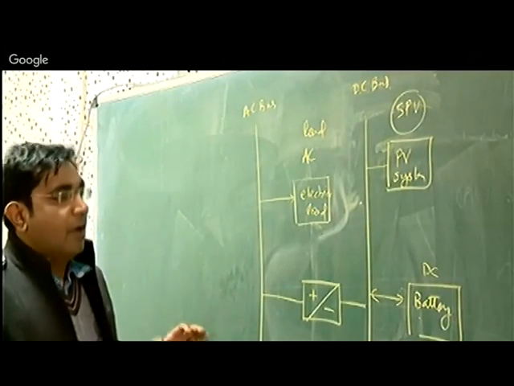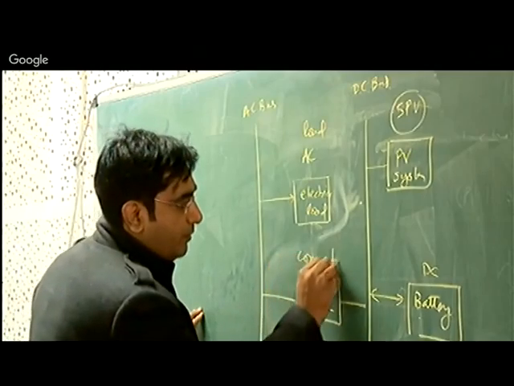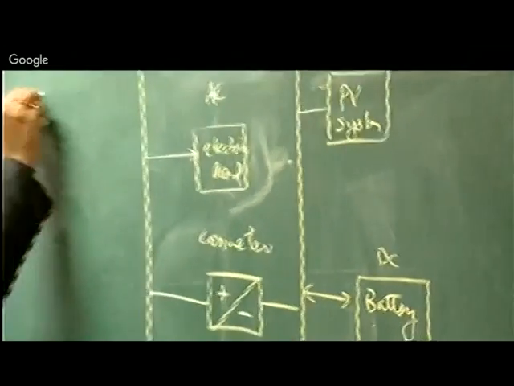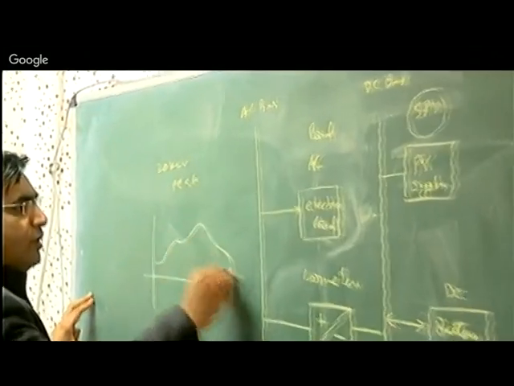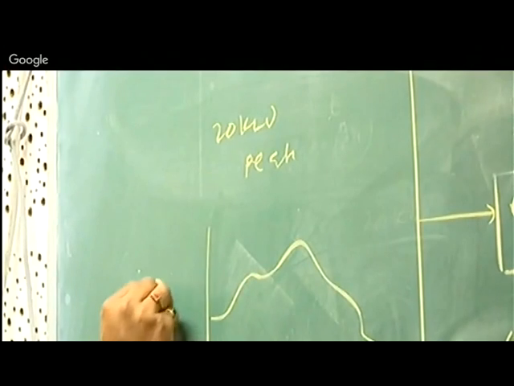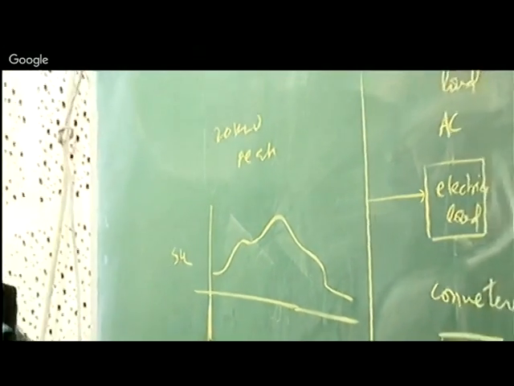Now the point is, how am I going to select the sizes of components? Suppose I have a 20 kilowatt peak load and some load curve, which depends upon summer, winter, daytime, nighttime.